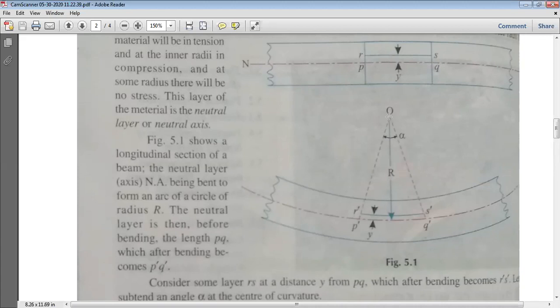This is the center of curvature O, and it is at a distance capital R from the neutral axis, the radius of curvature. This is y, the distance from the neutral axis to this strip, subtending an angle of alpha at both extreme conditions R'P' and S'Q'.